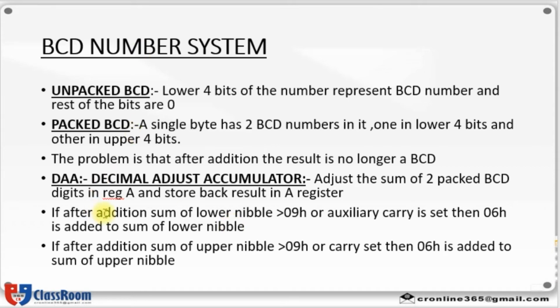Then the second case: if after addition the sum of the upper nibble is greater than 09H. For example, if we get the result A6, the upper nibble is A and the lower nibble is 6. That A itself is not a BCD number. In that case, you have to add 06H to the upper nibble.